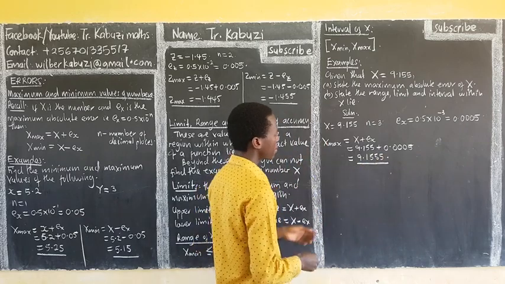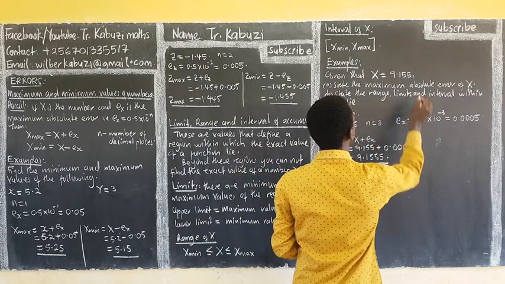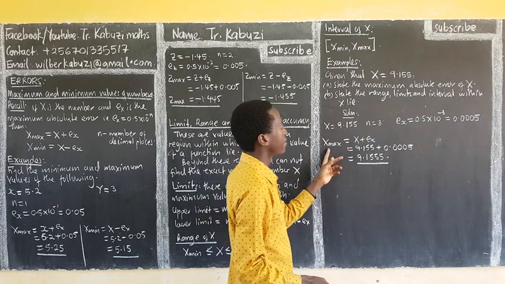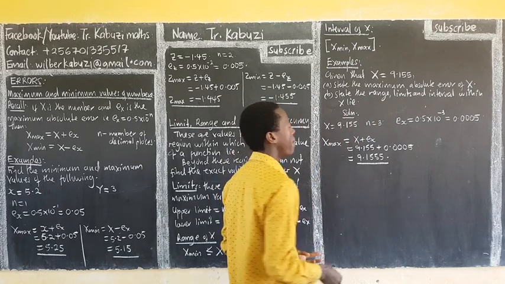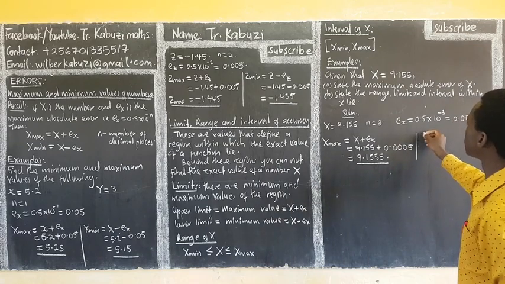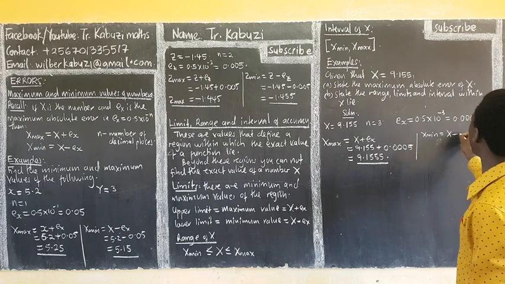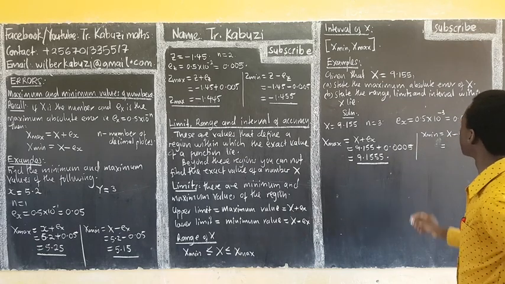Now we come to the limits. Remember, we said the x maximum is going to give us the upper limit. Then here, I come for my x min. We said it's x minus E of x.